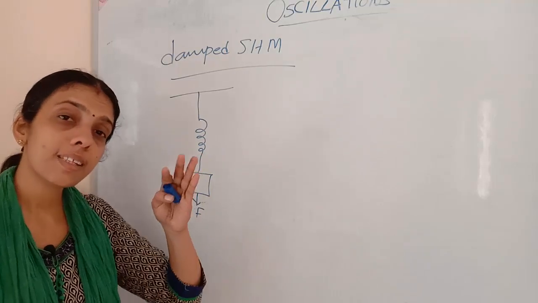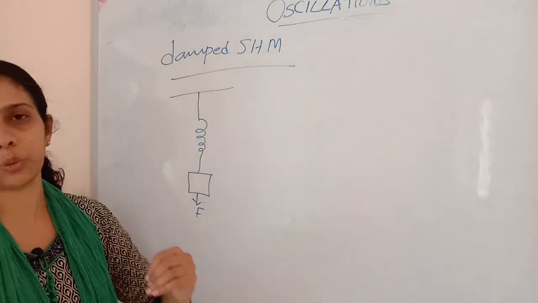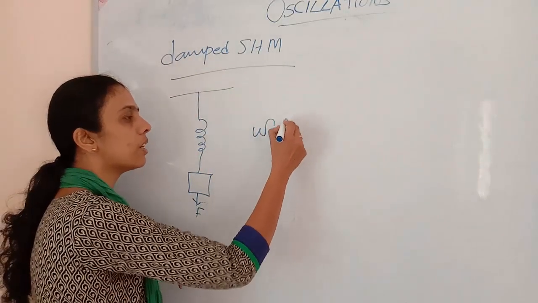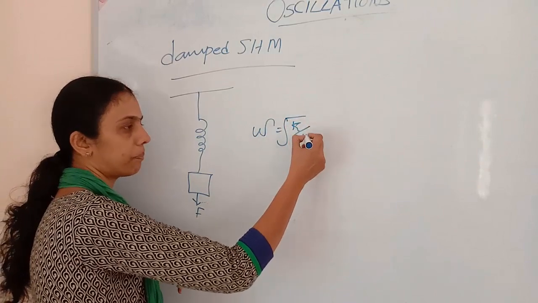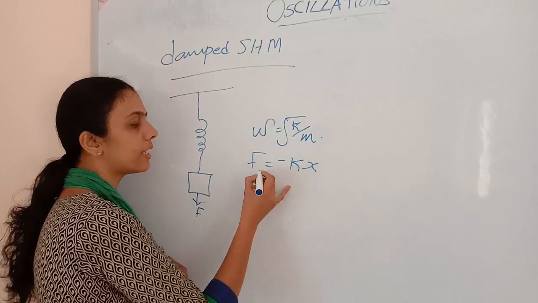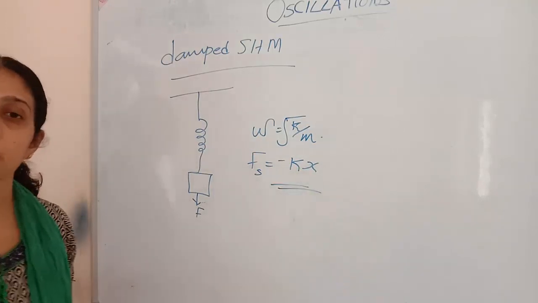Then also it is under simple harmonic motion only, but the oscillations are reducing. What is the reason for that? We know that omega equals root of k by m. Force is equal to minus kx. Restoring force or spring force is equal to minus kx. This and all we know.